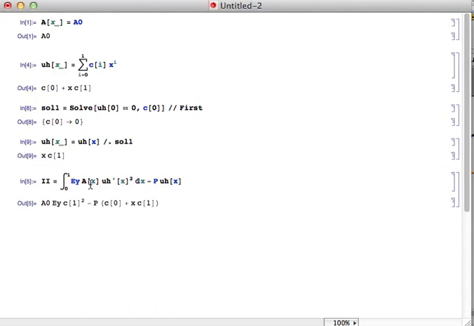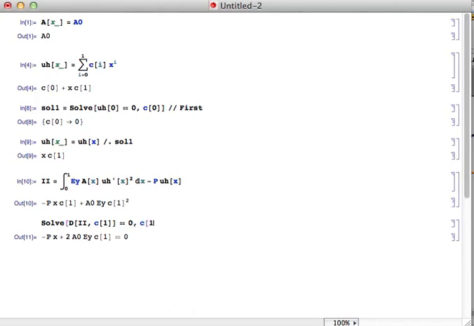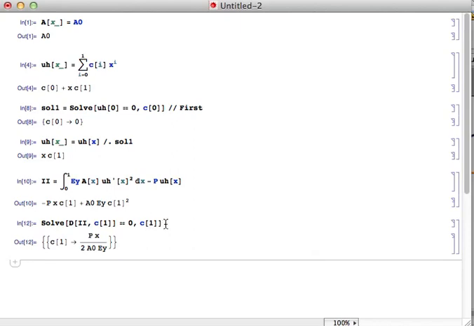It's not too difficult when there's only one term, but we'll add some terms here in a minute. So now if we evaluate the integral, we have that, which we can then, if we take the derivative of it with respect to C1, set that equal to 0, and we solve for C1. If you notice, I know that we know what the solution is, and it's not right.